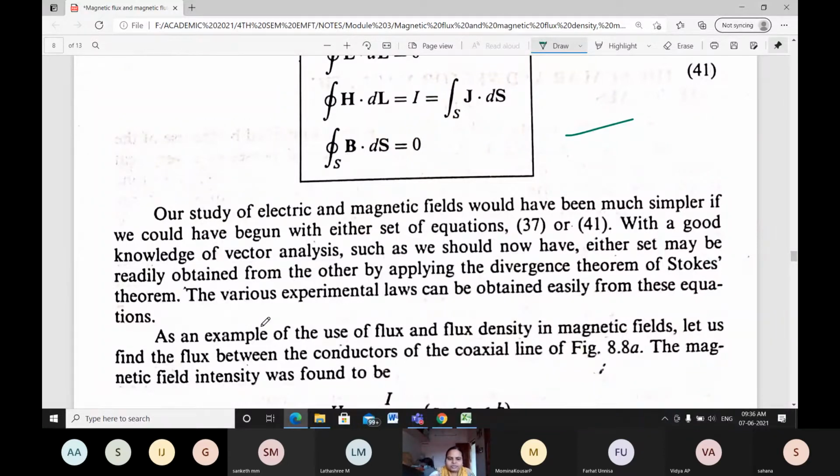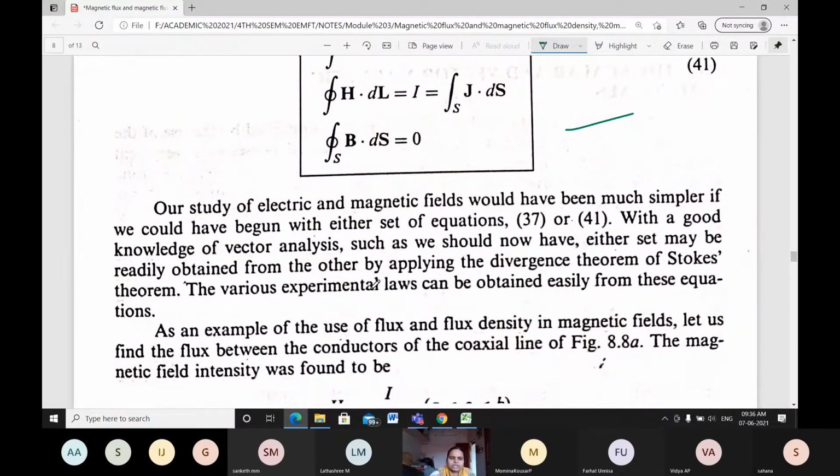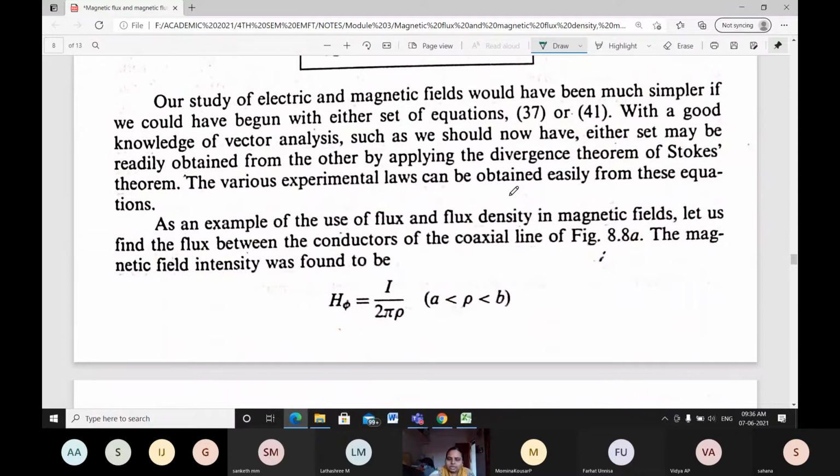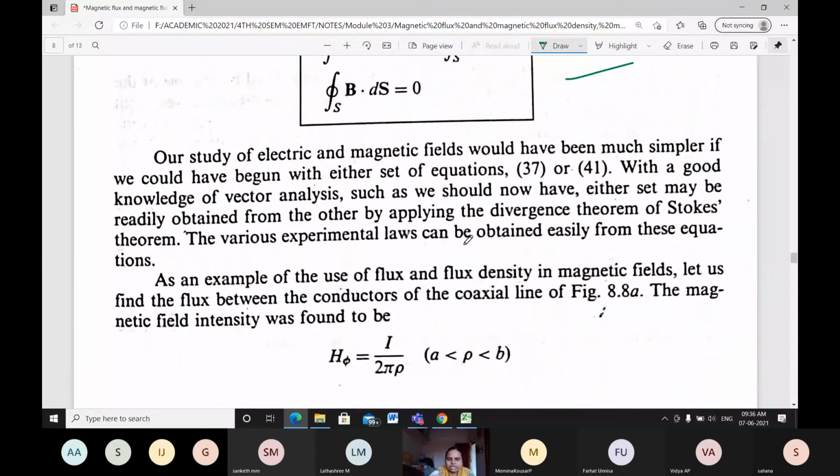Some experiments were done to get these equations. One example taken here is the flux and flux density in magnetic fields: find the flux between the conductors of a coaxial line.